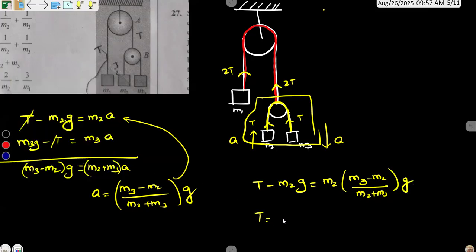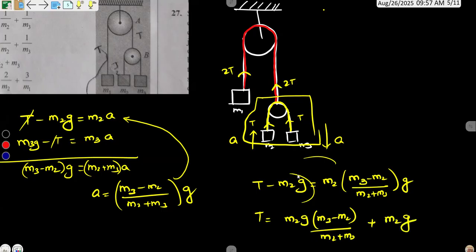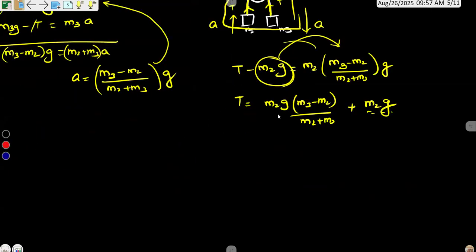Now, tension T is equal to, if I send this M2G on that side, that would become M2G into M3 minus M2 divided by M2 plus M3, plus M2G. This M2G, I have sent it on that side and it got added. Okay. Now, in both the terms, M2G is common. Can I take it common? So T is equal to, if I take M2G common, that would be M3 minus M2 upon M2 plus M3 plus 1.